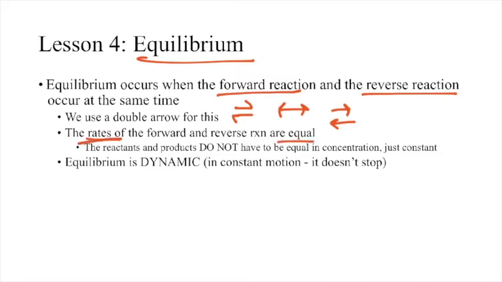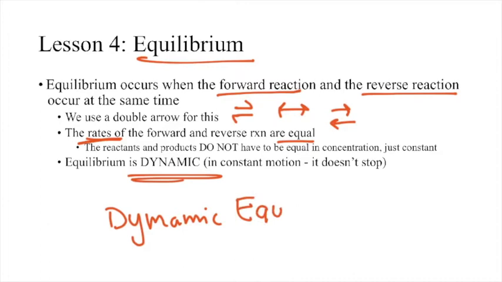The concentration of products and reactants don't have to be equal, just that the rates of the reactions are the same. And equilibrium we call dynamic. You might also see it written as dynamic equilibrium. And this is just saying that it's constant.